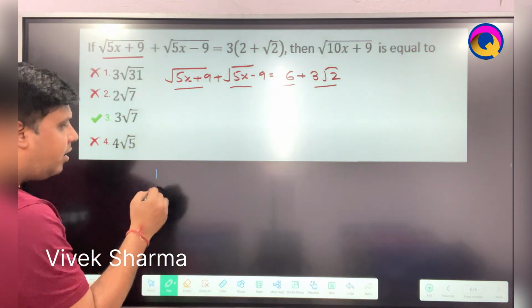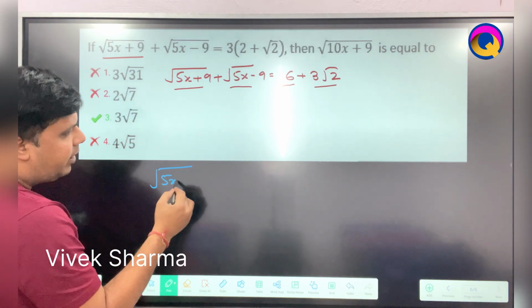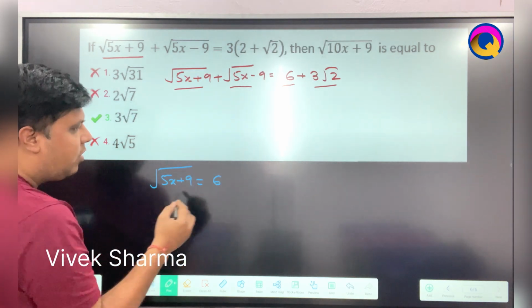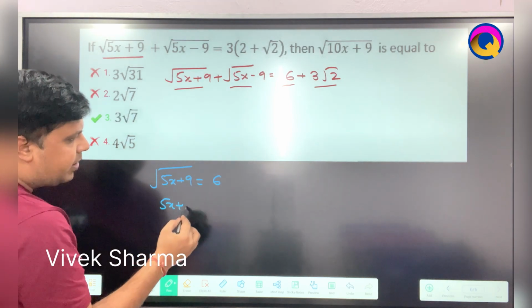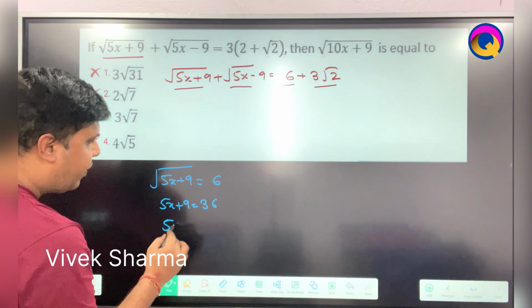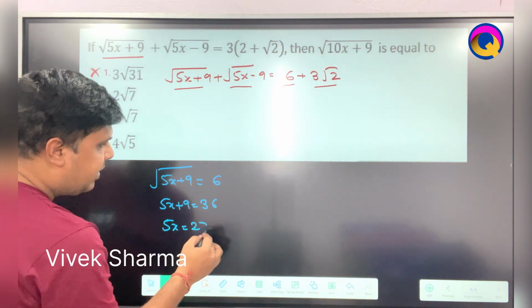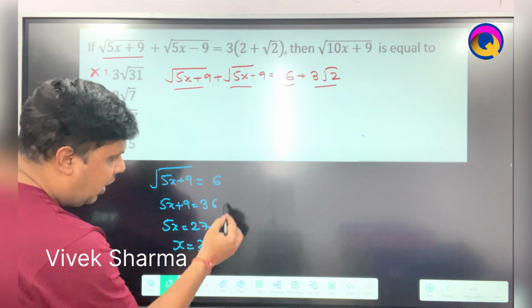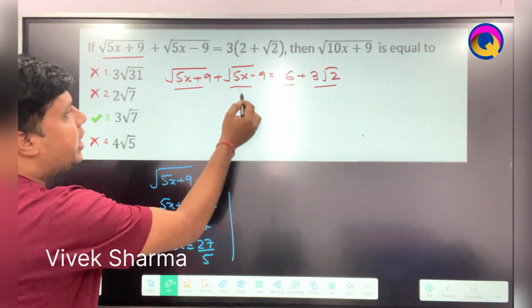Let us assume root of 5x plus 9 should be equal to 6. So 5x plus 9 should be equal to 36, squaring both sides. So 5x should be equal to 27, then x should be 27 upon 5. If it is the true value, then it should satisfy this also.